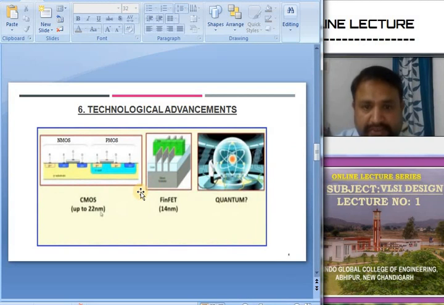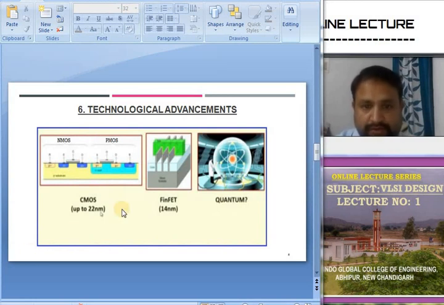As we can see in the slide, I have shown a CMOS transistor, a CMOS gate which consists of basically NMOS and PMOS configuration.